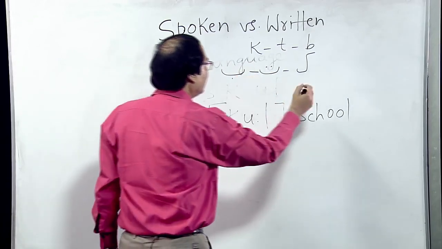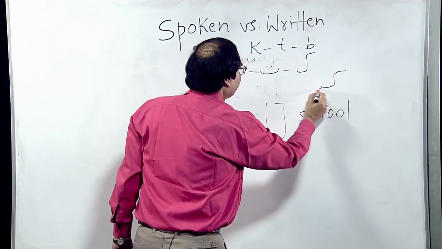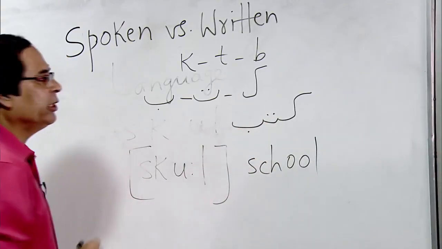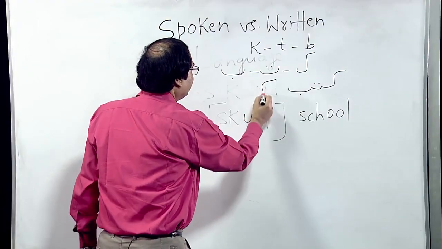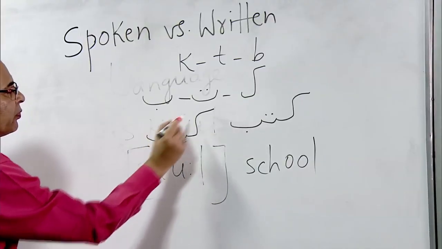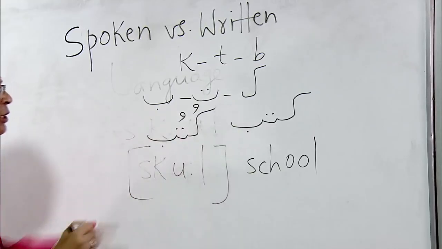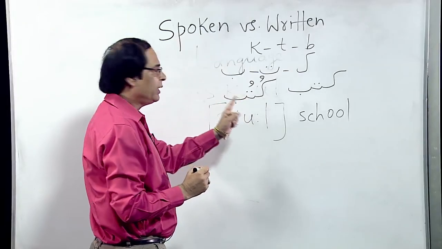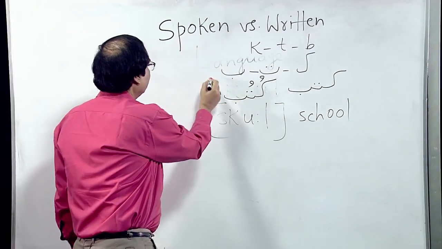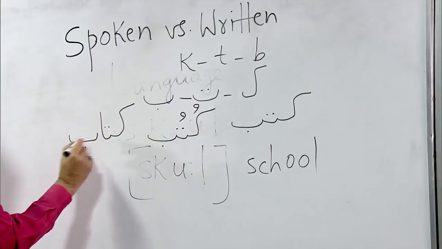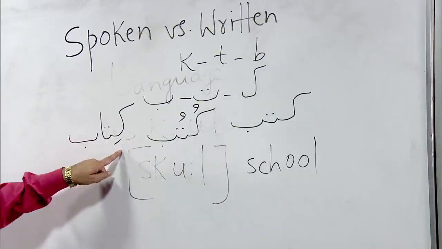So with ka ta ba you can create katab, which is to write, and then with that you can create more words. Usually these vowel signs are not written. So this is kutub, plural of book, that is books. You can add other vowel symbols and you get kitab, the vowel e, which is not written.